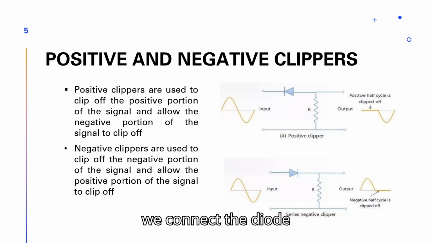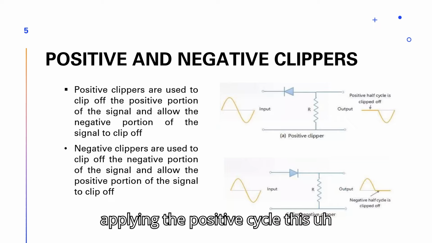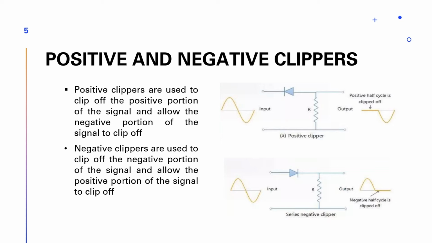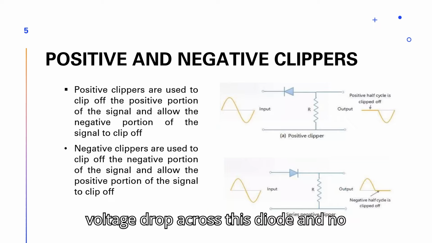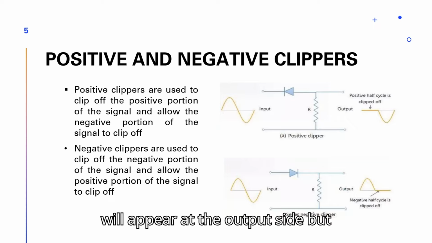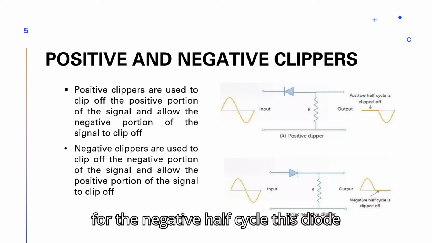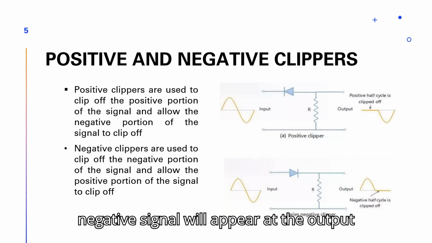In that case, we connect the diode in the opposite direction, and when we apply the positive cycle, this diode will behave as an open circuit, and the whole voltage drops across this diode and no voltage drops across resistor R. For the positive cycle, no signal will appear at the output side, but for the negative half cycle, this diode will act as a short circuit and all the voltage drops across the resistor and a negative signal will appear at the output side.